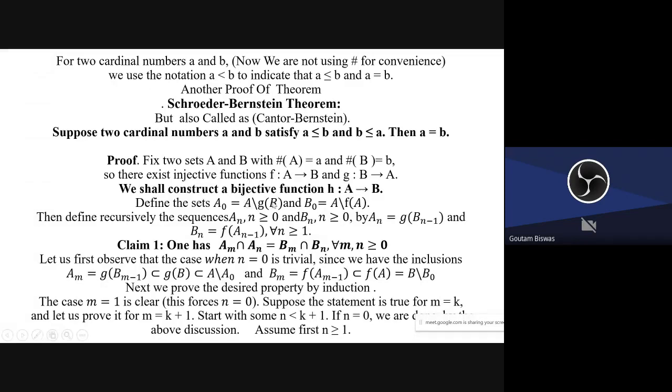What is A minus A0? That is A deleted A0. A0 is this set. And Bm, from this definition, Bm is this one, and that is also contained in FA.